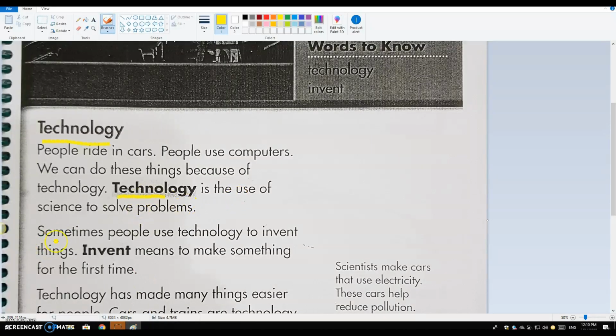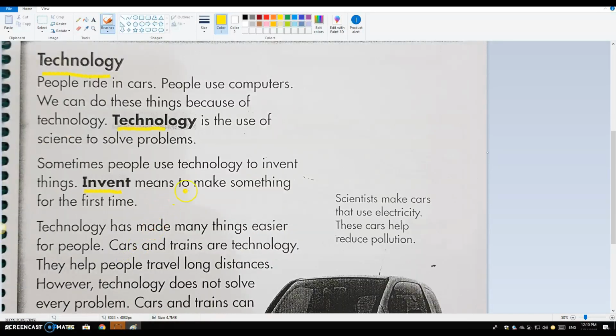Alright, so let's go back. Sometimes people use technology to invent things. Invent means to make something for the first time. So when I ask my students, what's an example of technology? Almost always someone will say, iPhone, iPhone, iPhone. And I'll ask, who invented the iPhone?